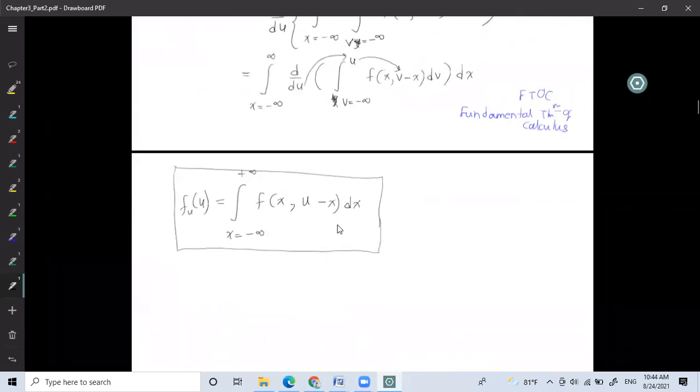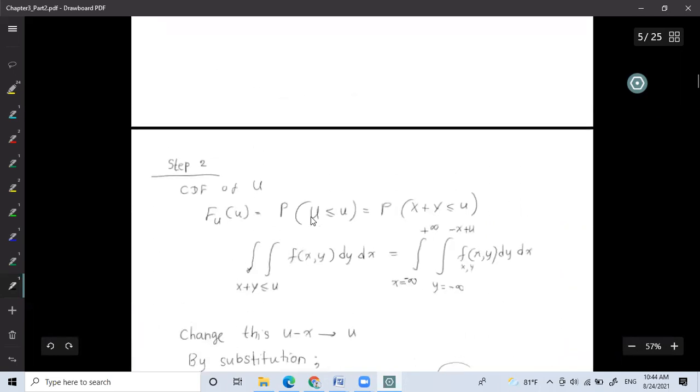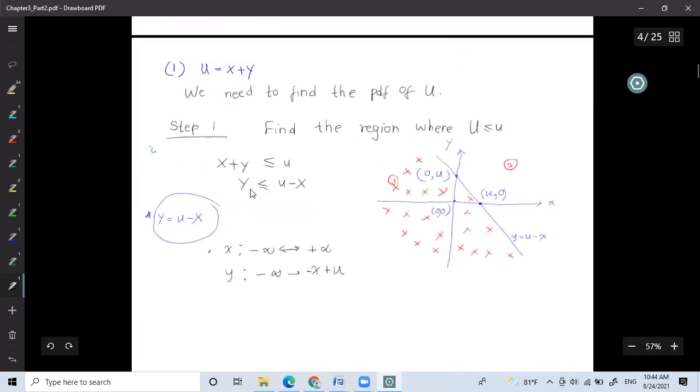So I'm not going to make you confused, but this is something that you should keep in mind. You can do this with respect to y also and find your final answer in y and u. That is also possible. In that case, you have to write everything with respect to x, not as y less than or equal to u minus x, but the other way around, x is less than or equal to u minus y. But we are very familiar with writing equations as y equals mx plus c type.